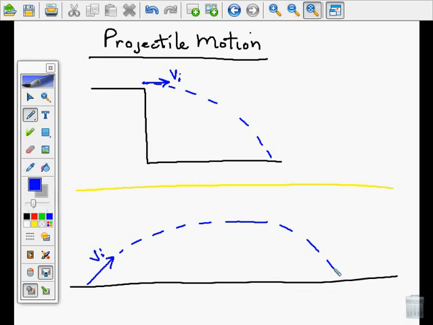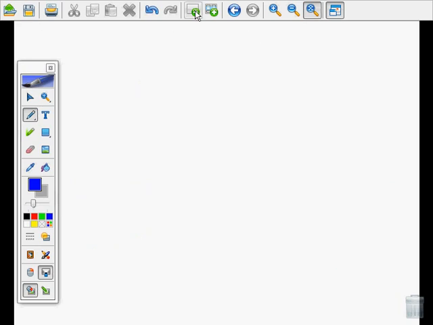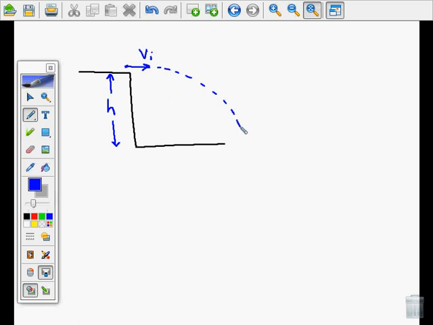So these are the two standard types of problems that you have to deal with. Let's deal with the top one first. With all projectile motion problems, you always set up a chart.